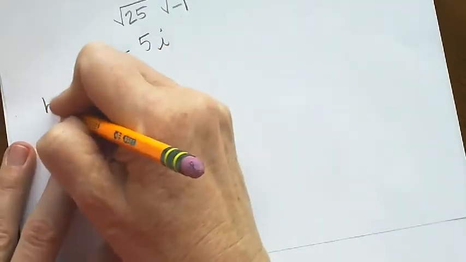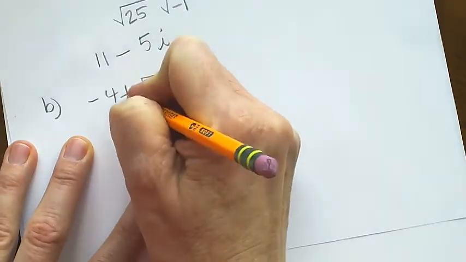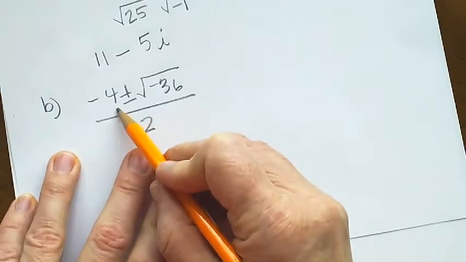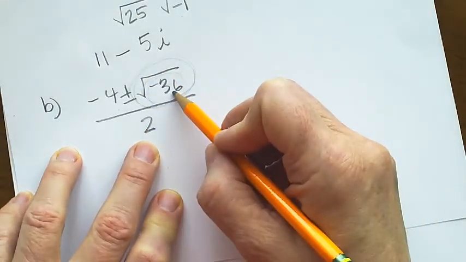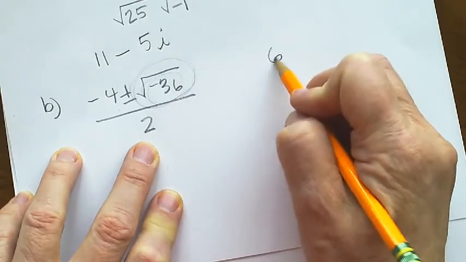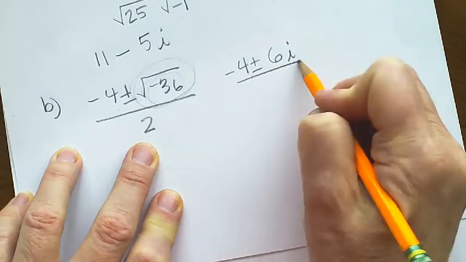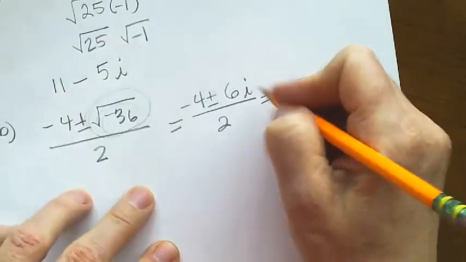Okay, part B. We have negative 4 plus or minus the square root of negative 36, over 2. Okay, so this is going to simplify: the square root of negative 36 would be 6i. So I have negative 4 plus or minus 6i over 2, which can be simplified a little bit more.